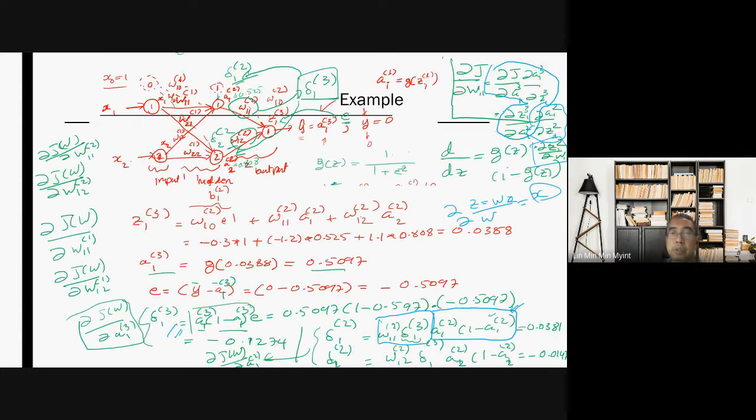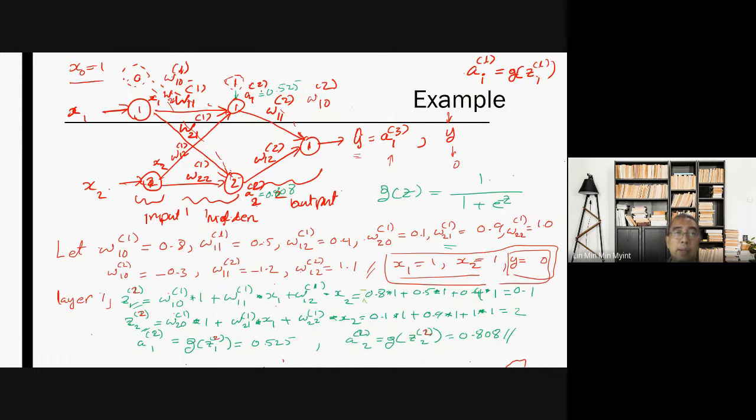So currently we calculated the error here and here. Based on that error, we have to update this weight and this weight, like this.